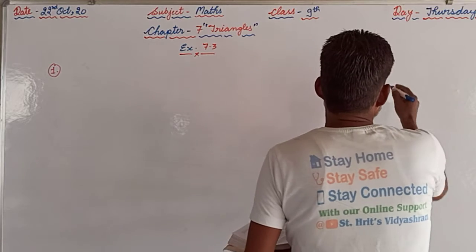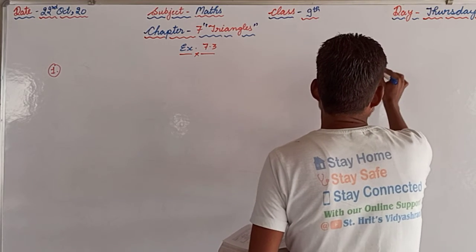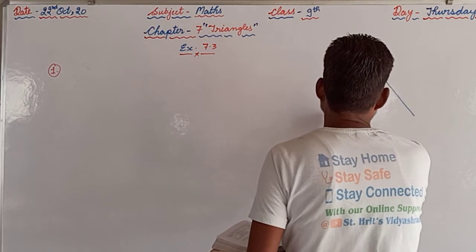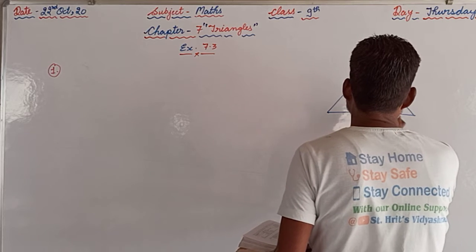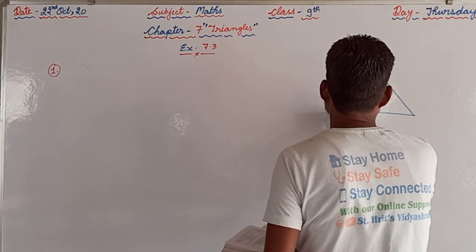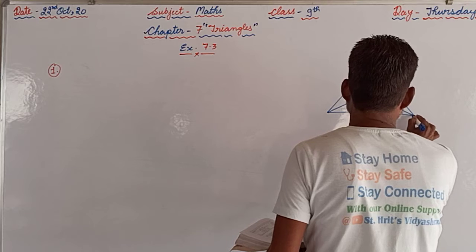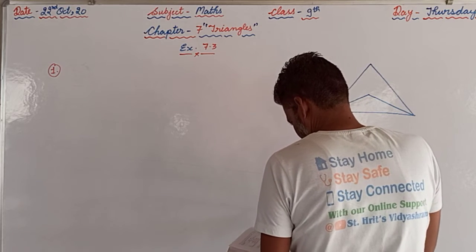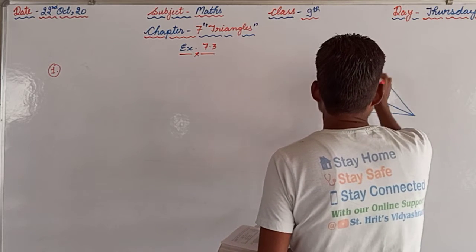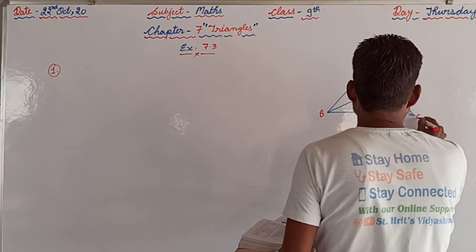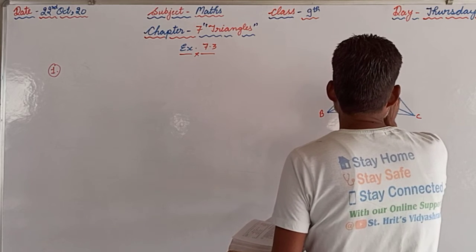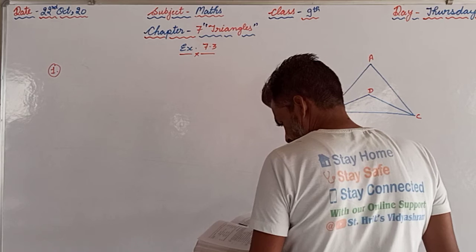So two triangles are there, triangle ABC and triangle DBC.